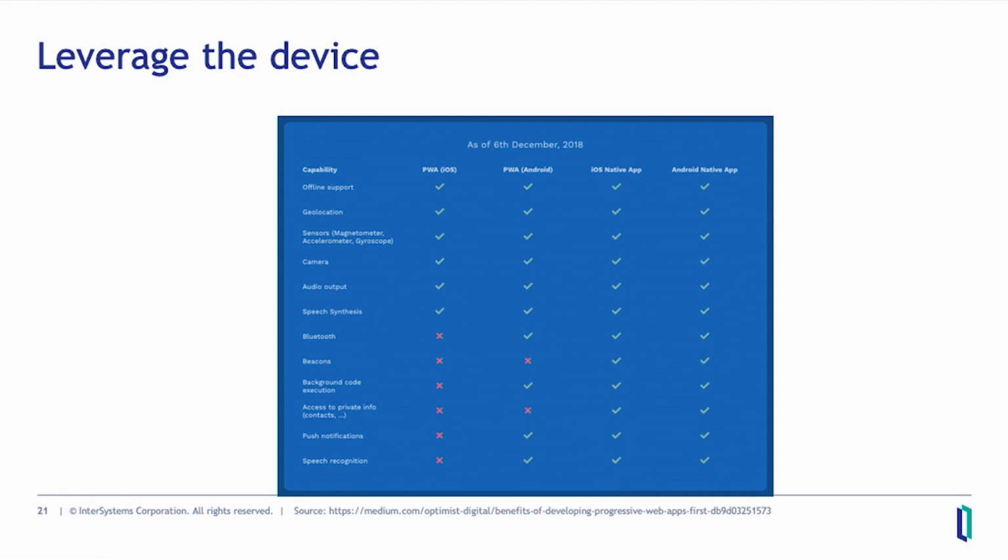iOS does not give you access to Bluetooth yet, or background execution, which I ran into when I was building an application for safety, which was going out querying the open crime data source. The idea was that as you walk around, it would tell you if you were in a dangerous area, and that needed background code execution to work right.